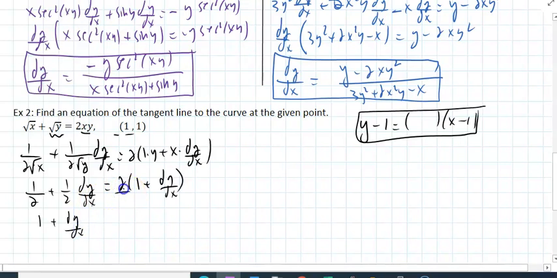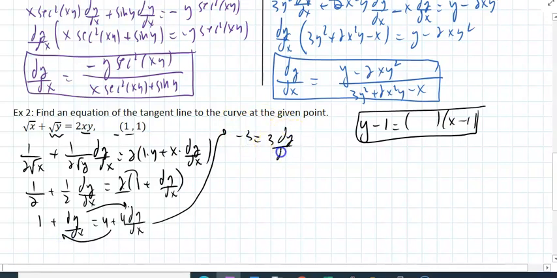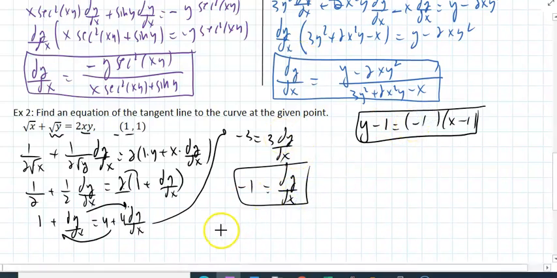So multiply this by 2, that's a 4. Negative 3 equals 3 dy/dx. So dy/dx happens to be negative 3 over 3, which is a negative 1. Put a negative 1 there. There it is. Done deal.